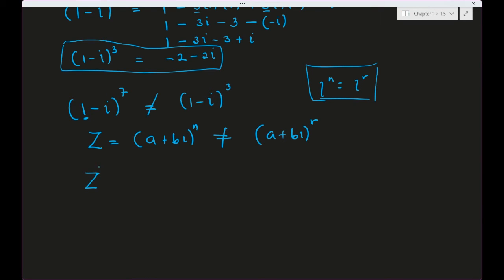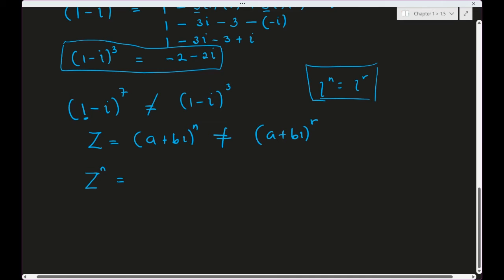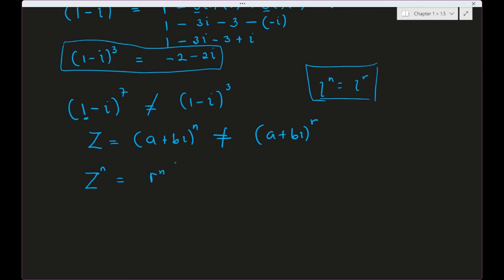Anytime you have a complex number z and you want to find z to power n, it's simply the same as r to power n, then you have cosine n theta plus i sine n theta.